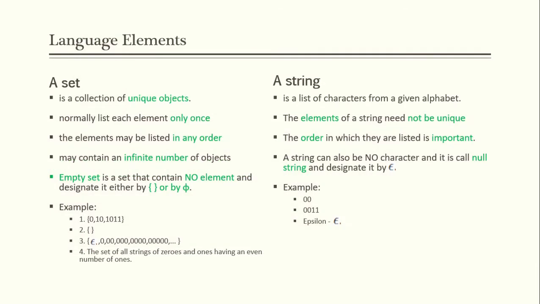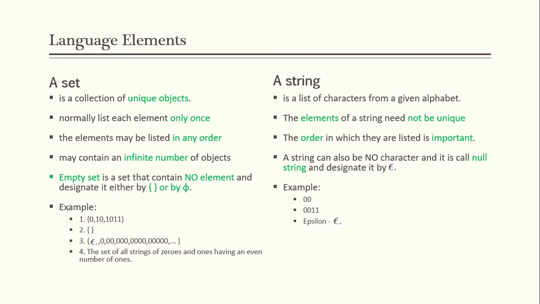Okay, let's see what the language elements are that build up a formal language. We need to be able to differentiate between a set and a string. Before we go further into lexical analysis, we need to know what a set is and what a string is. A set is a collection of unique objects. We can illustrate a set as an array, so you imagine a set as an array.